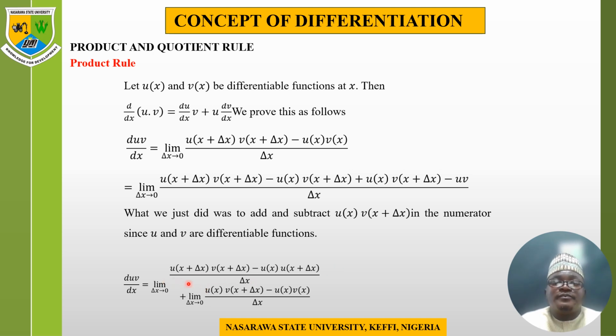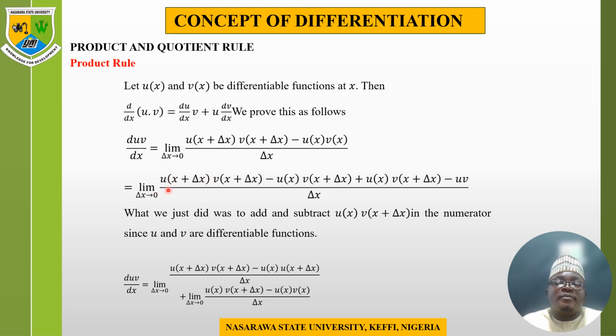Now, after opening, we have u of x and v of x, and this one here, v of x and u of x. Then, if you take the limit, this one is going to be 0 completely.